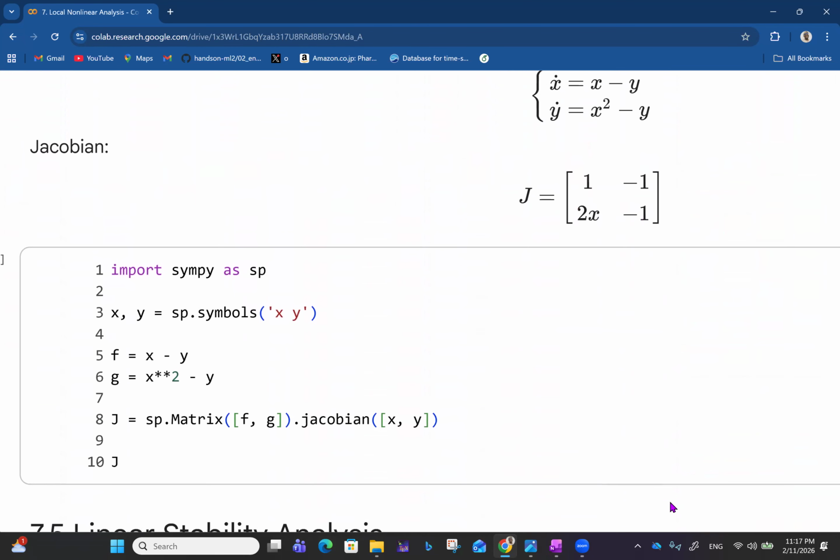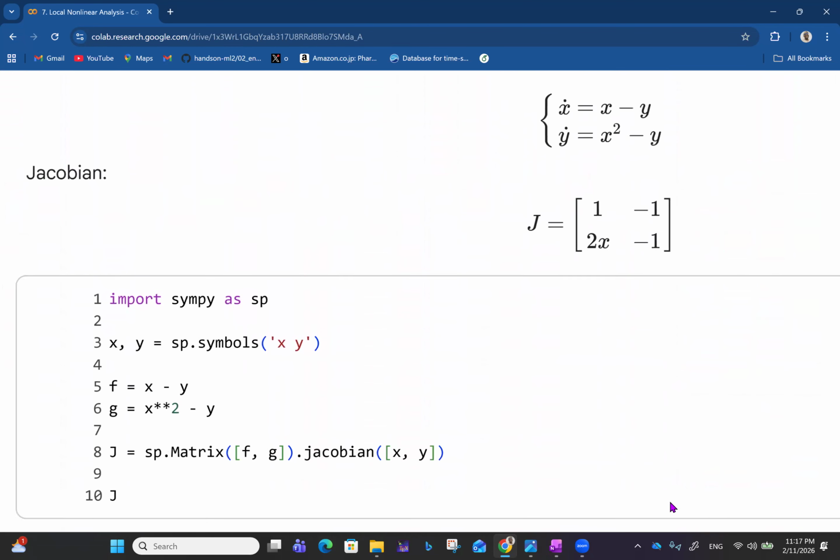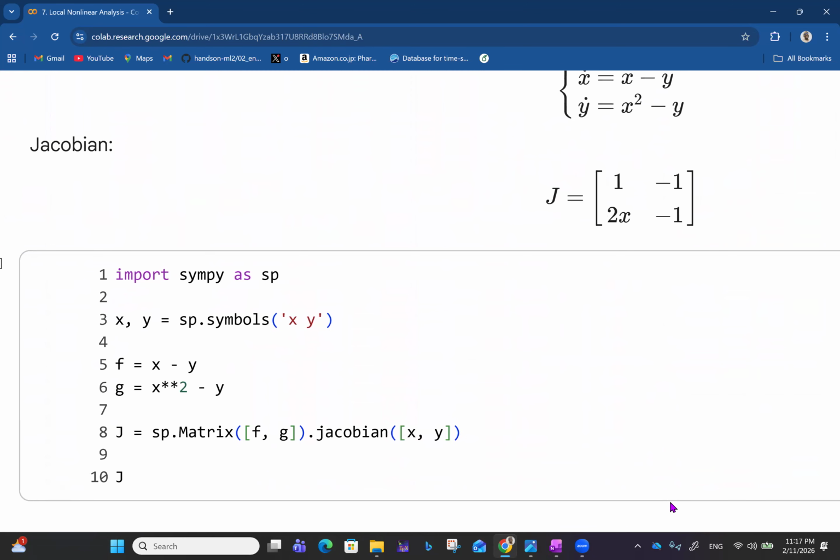Okay? So we can also do that using SymPy, that's symbolic Python. All you need to do is say import sympy as sp, and then x comma y. This is telling you that these are the variables you're using. x comma y is equal to sp.symbols, that's SymPy symbols x, y, and then define f to be x minus y, and g is x squared minus y.